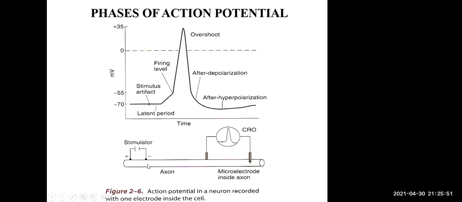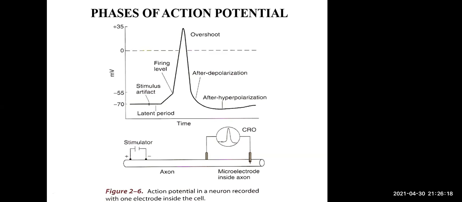They will place the stimulator and stimulate, and then you can find the production of action potential recorded by using a cathode ray oscilloscope. In order to record action potential, you can see the placement of these electrodes. One electrode is above and another electrode is inside the nerve fiber. Then only we can record the action potential.